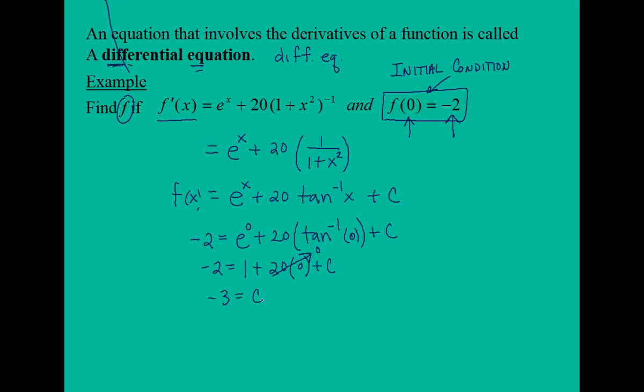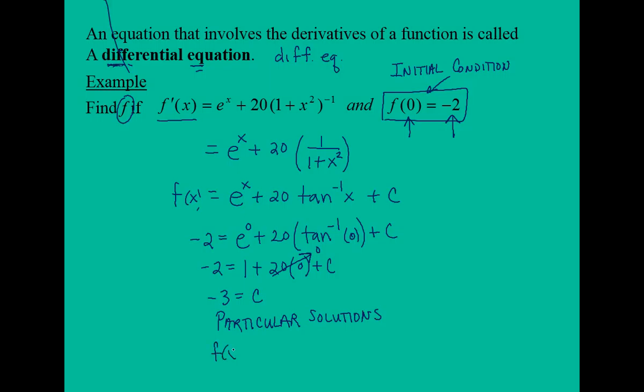So with our initial condition, we're able to find a particular solution. If we're given an initial condition, we can find the particular solution. That just means we can solve for c.